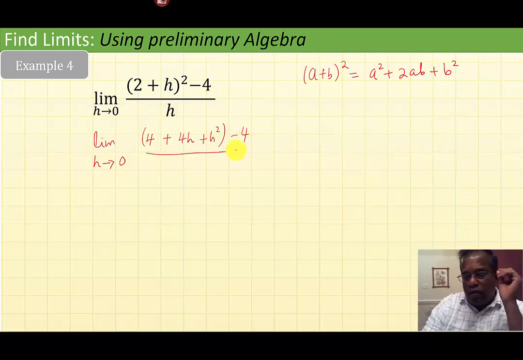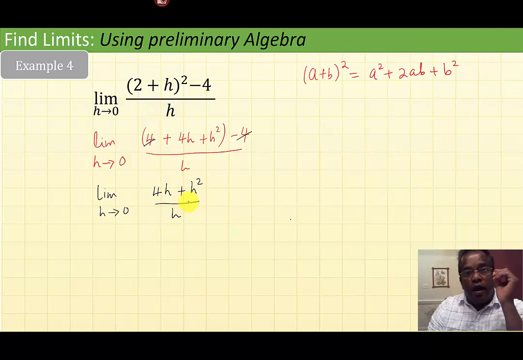Over h. Now clearly the 4 cancels out, and what we have is limit h approaches 0, 4h plus h squared over h. Now you can see in the numerator h is common, so we can factor it out.